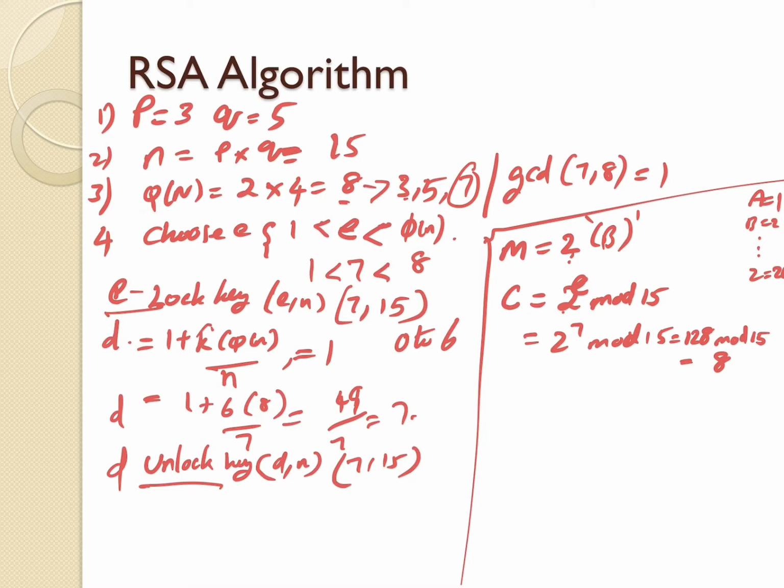The mod function is 128 divided by 15. Mod always takes the remainder, not the quotient.